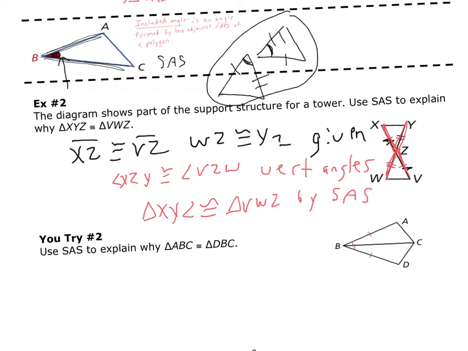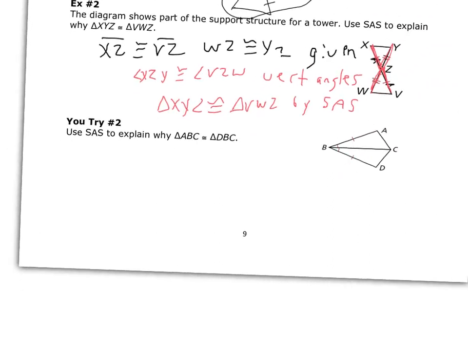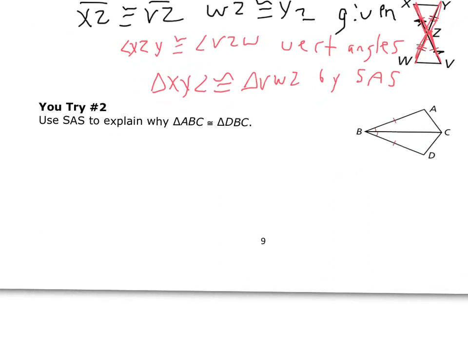All right, let's try one more of these. Remember SAS, we're wanting two sets of congruent sides and we're wanting one included angle for each triangle. So let's see what we have. We know that AB is going to be congruent to DB, either way works.